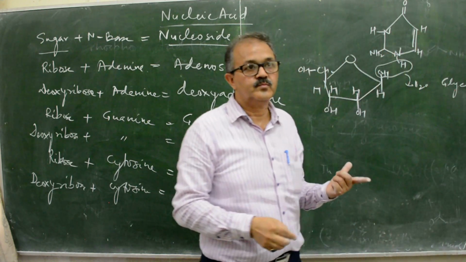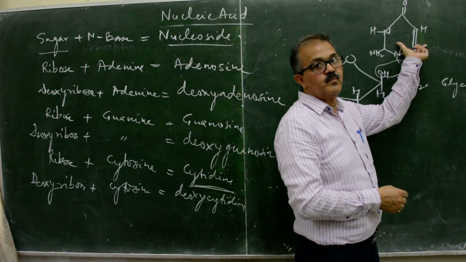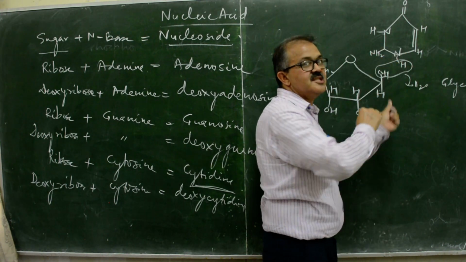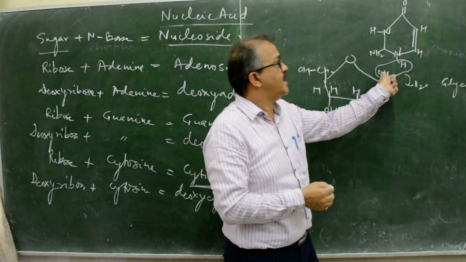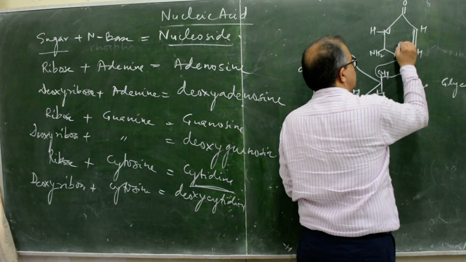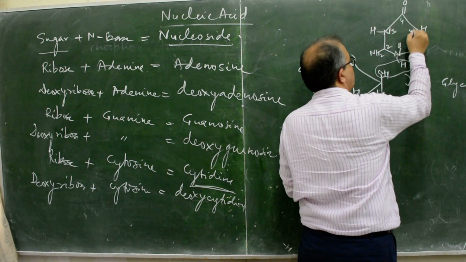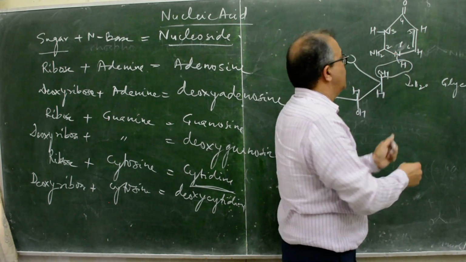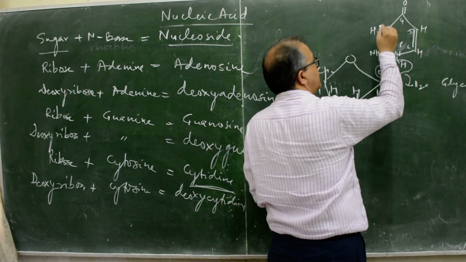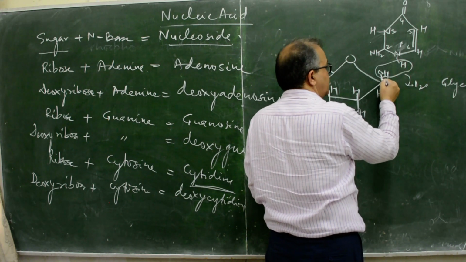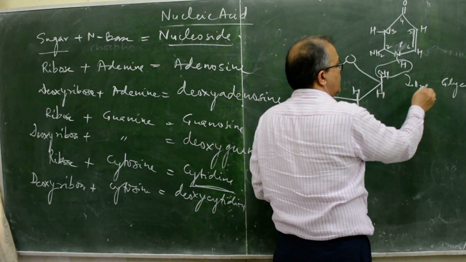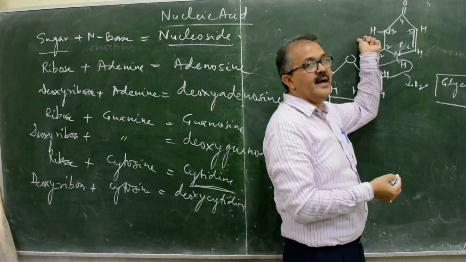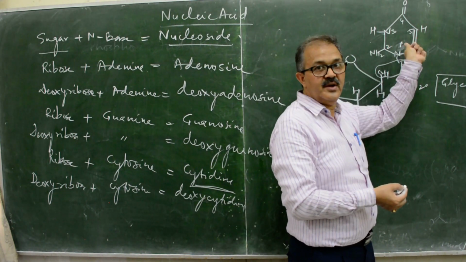You remember here, if it is a purine, adenine or guanine, then the 9th position of the purine and the 1st position of the sugar. But if it is a pyrimidine, this is the 1st position: 1, 2, 3, 4, 5, 6. The first position of this cytosine will attach with the first position of the sugar. Then you have to remember the glycosidic bond: if it is a purine, 9th position; if it is a pyrimidine, 1st position.